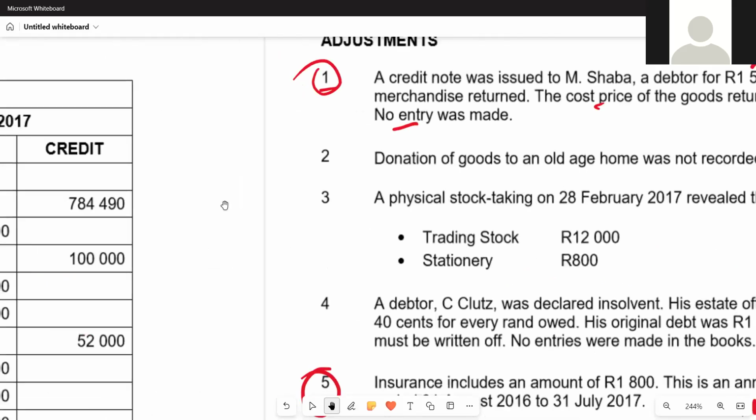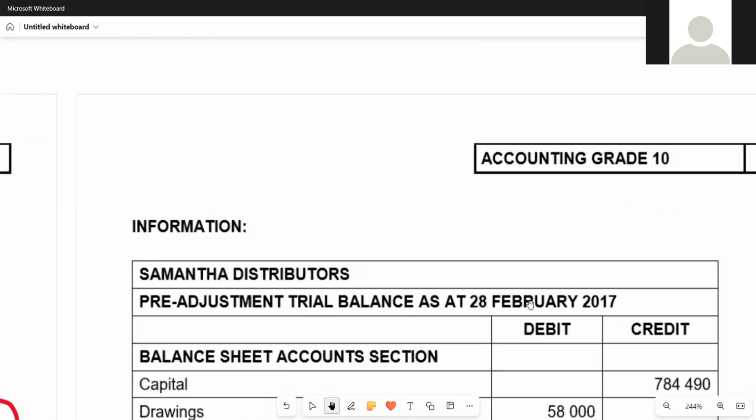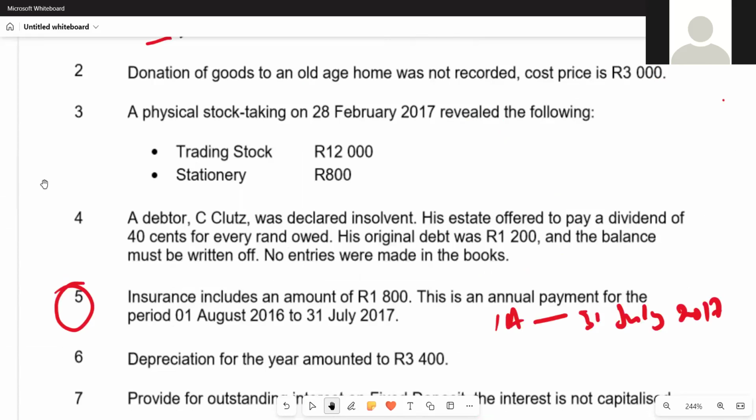Remember, at the beginning of the question, that's where we are told where the year is ending. It's ending on 28th February 2017, so end of February. Our year is ending at the end of February.